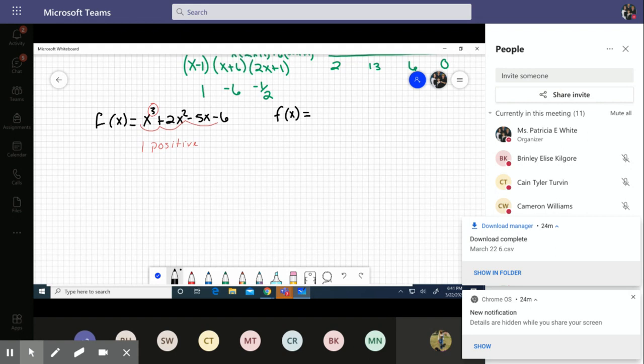Negative x to the third. Is this one going to change? 2x squared. There you go. And then 5x, that's going to change, isn't it? Minus 6. So how many of my zeros are going to be negative? How many changes do I have? From here, and then from here. So 2 or 0 that are negative.